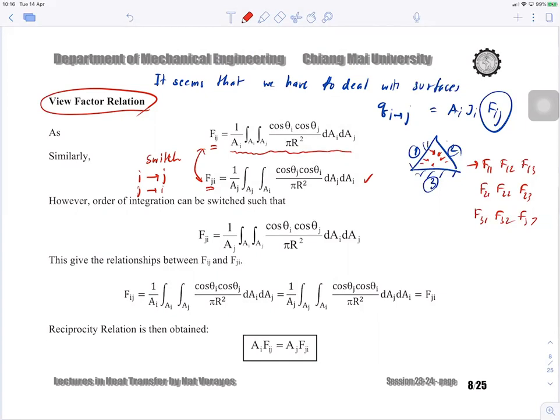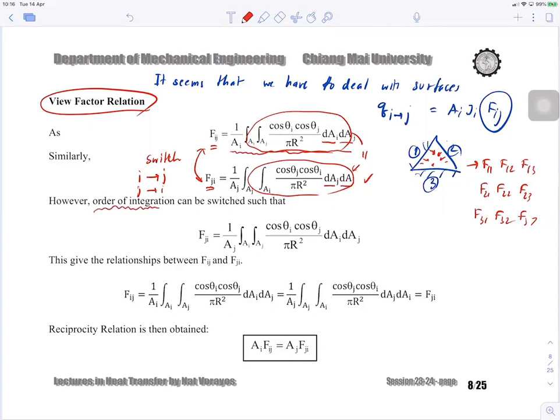But, you know, this expression and this expression are practically equal. In spite of the fact that this is the integral of Ai first and then integral of Aj, and this is the integral of j first and then i, it can switch, okay?